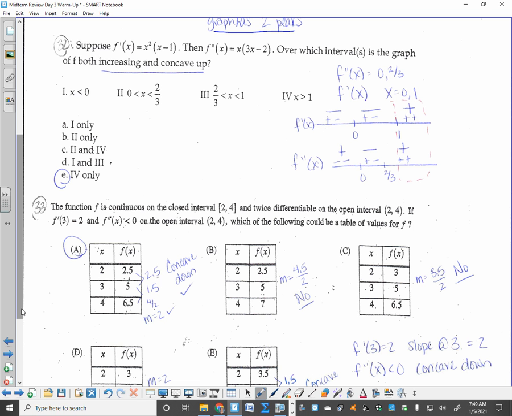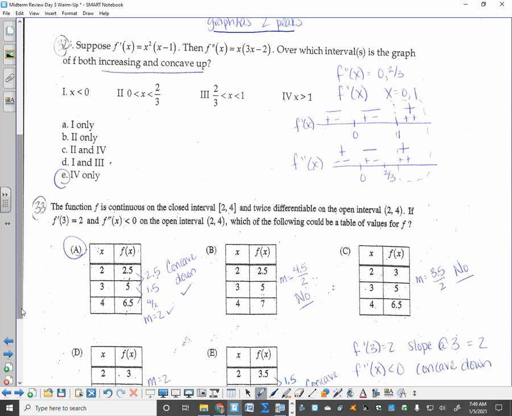So I take my critical values for f prime, which are going to be 0 and 1, and I do the first derivative test where I plug values in those intervals into f prime, and do my sign chart and find out where it is increasing, which appears to be greater than 1. And then I take my second derivative, which looks like my points of inflection are going to be 0 and 2/3. So you can see where those are on the number line.